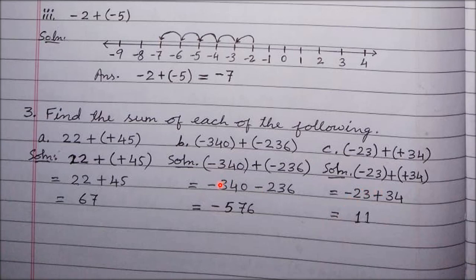If both are negative, we have to add them, but the sign will be negative in the answer. If both are positive, then also we will add them and the sign will be positive, meaning no sign in the answer. So this is how we have to do these questions. So try doing them. Thank you.